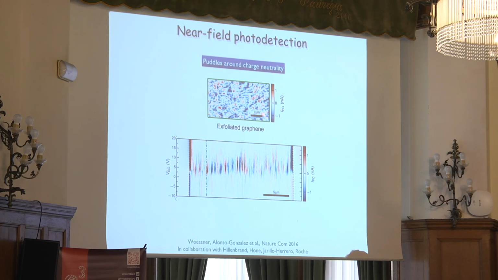They're randomly distributed, but only at charge neutrality. This is now a line cut as a function of gate voltage, and exactly at charge neutrality, you can see all the puddles, but away from it, it's nicely uniform, right? And at charge neutrality, there will actually always be puddles. It's just that in higher quality graphene, this is a smaller gate region where this happens. Okay, so we can learn about puddles.